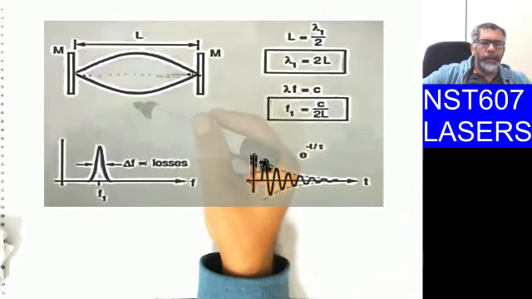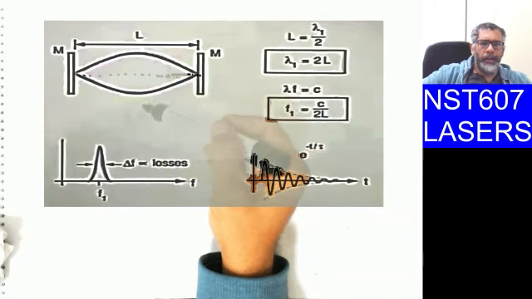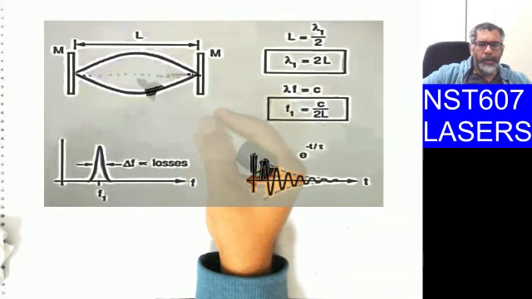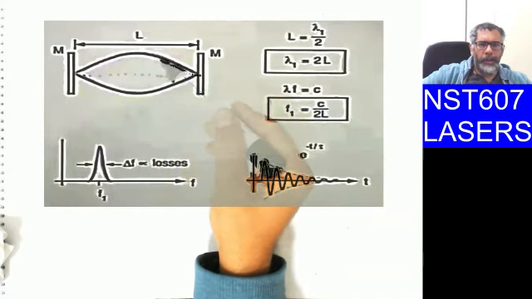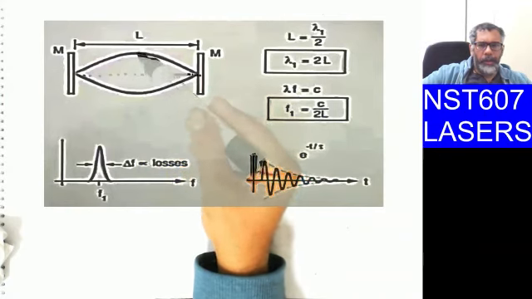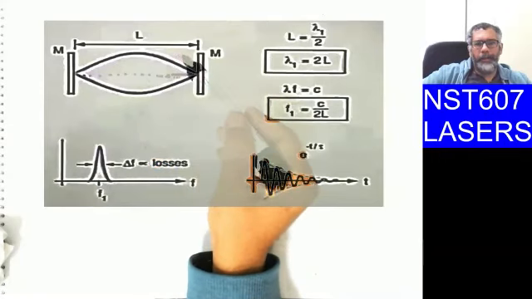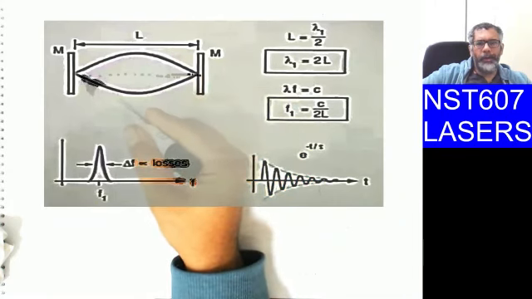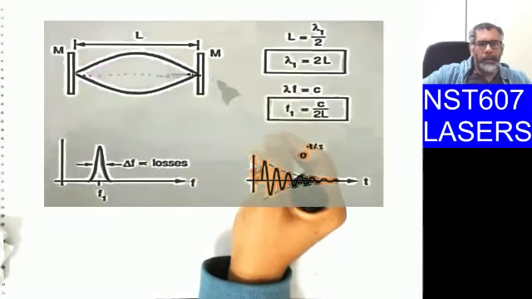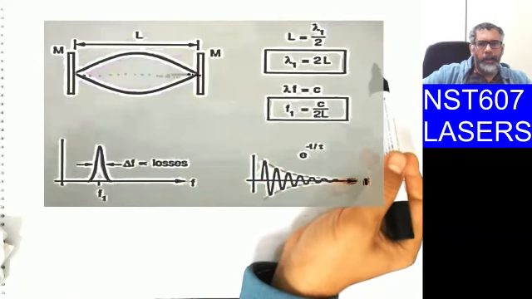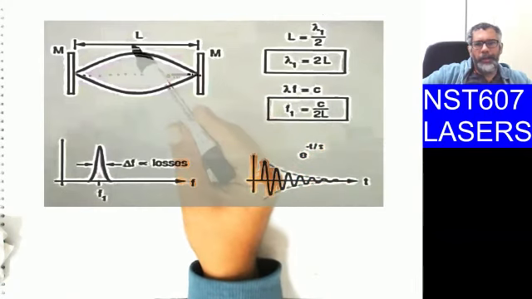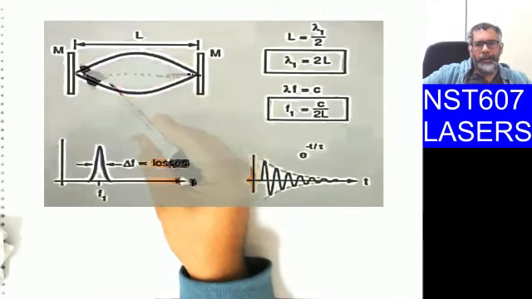If you imagine this as a movie, this line will oscillate just like a guitar string, back and forth. And this is the largest wave that you can put between these two mirrors. If you continue this on the other side, the wavelength is going to be just twice the distance between these two mirrors.